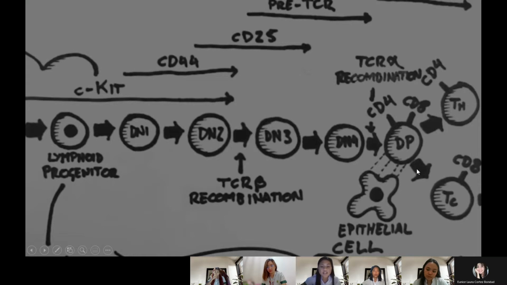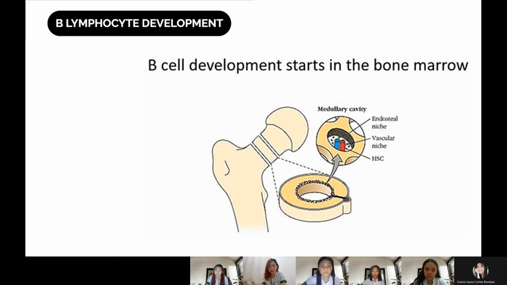So once the TCR alpha chain is expressed, it can combine with the TCR beta chain to form the T cell receptor. So, to discuss the formation of the B lymphocytes, here is Miss Aaron Lopez and Miss Kyla Publico.